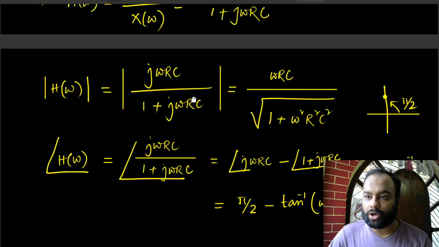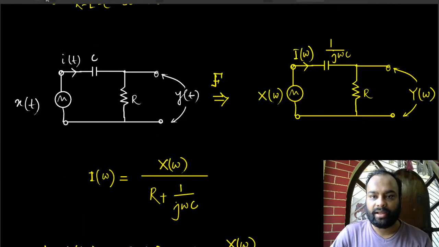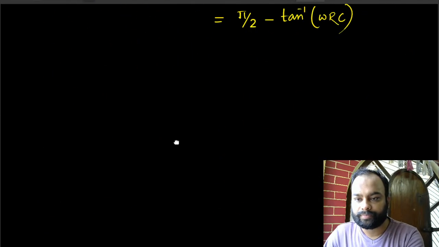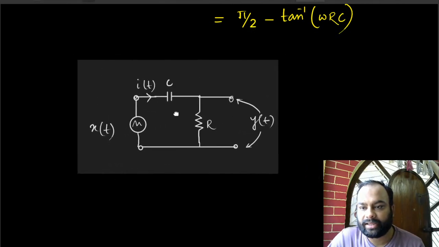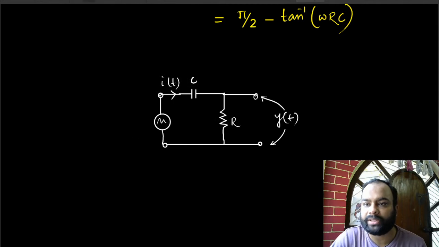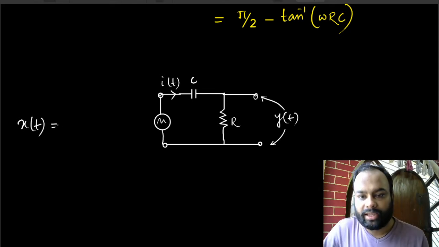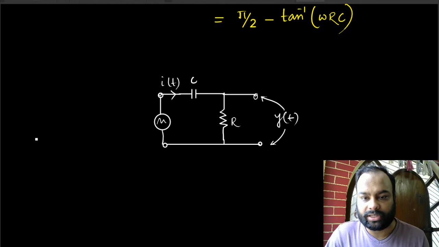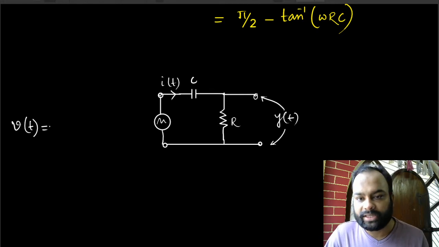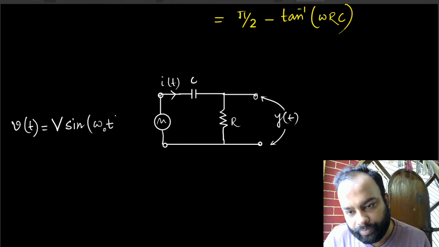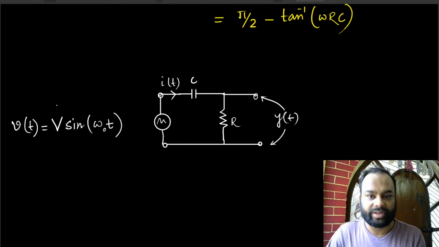So let's copy this circuit once again. What we have calculated so far is this: if I take this circuit and if this input voltage is some arbitrary sinusoid, say V sine omega naught t, where omega naught is the constant frequency of this particular signal.